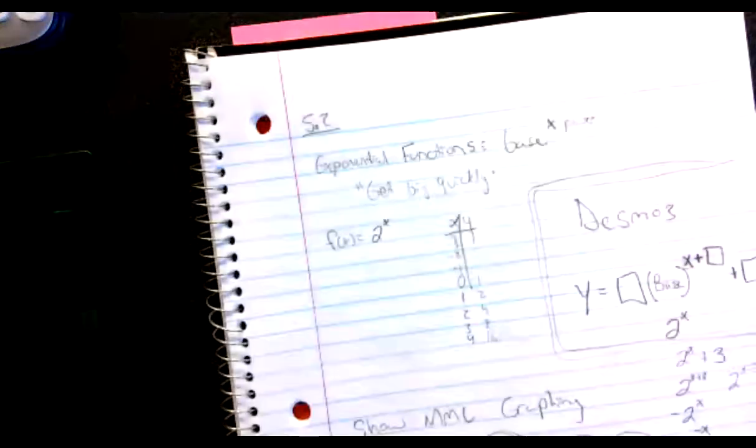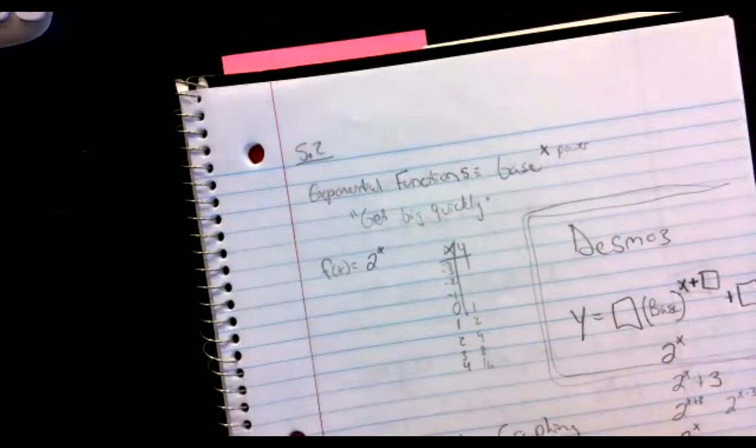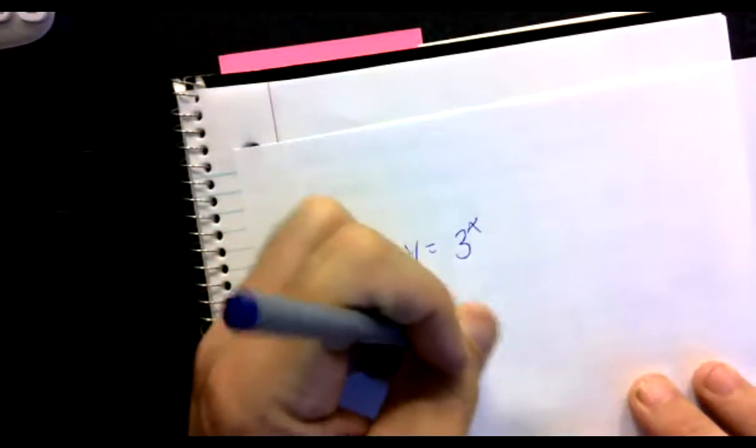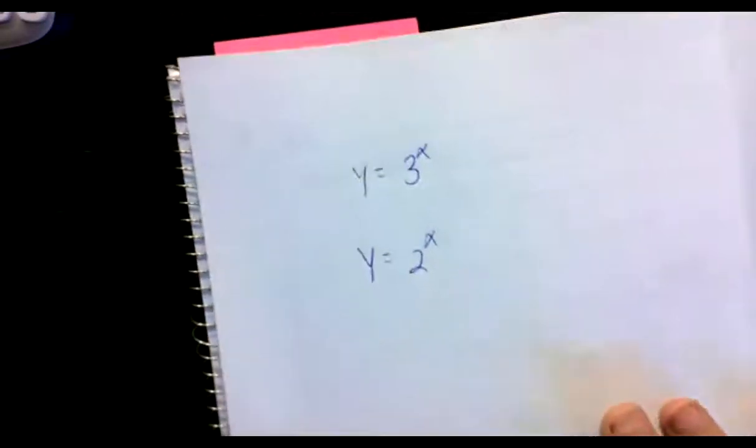Ultimately, the base just establishes the curve. So with 5.2, we were talking about graphing functions. But the difference between, say, y equals 3 to the x power compared to y equals 2 to the x power, the 3 to the x is just going to be a steeper curve.